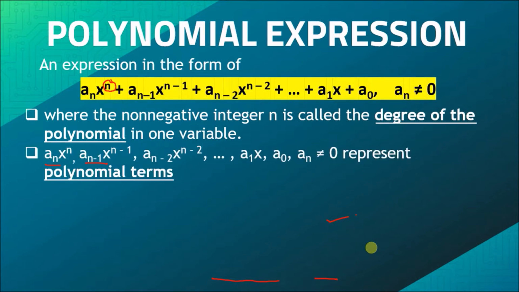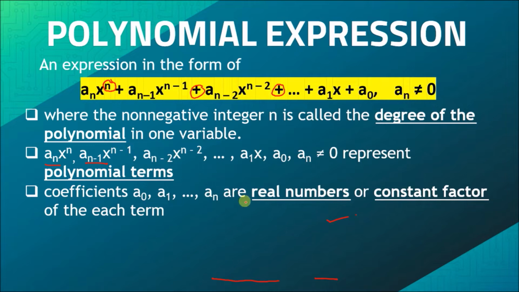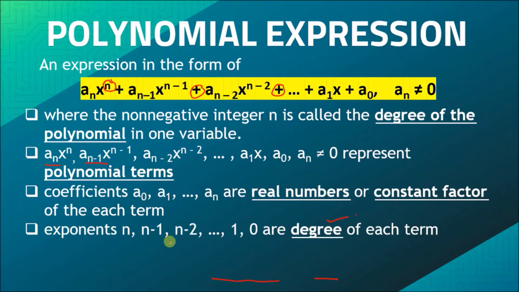And meron tayong tinatawag na polynomial terms which are separated by the addition symbol or subtraction symbol na nandun sa ating polynomial expression. We also have the noted real numbers or constant term, numerical coefficient kung tawagin, na nandun sa term. And we also have the exponent noted at the upper part of the variable.